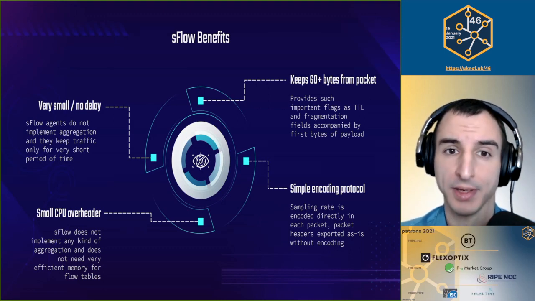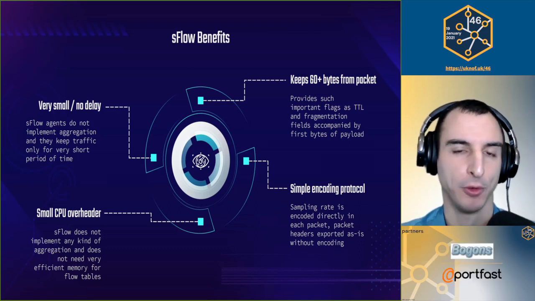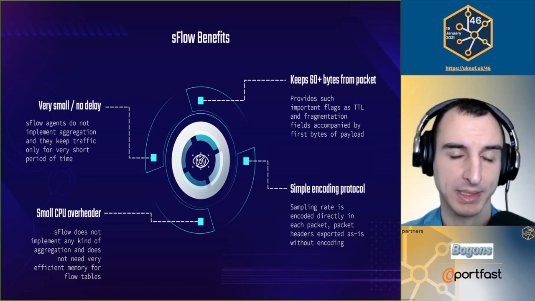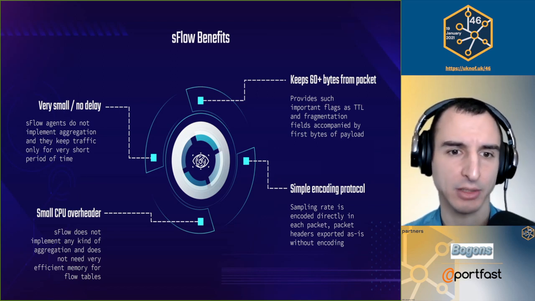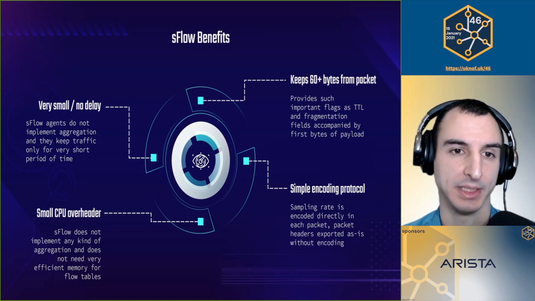For every 1,000 packets observed from an interface, select one of them, use a very simple encoding, cut the first X bytes, typically between 80 and 120 bytes of the original packet, and send it to the collector. It's extremely simple. We have no delays, because we don't need to wait until this specific flow finishes.